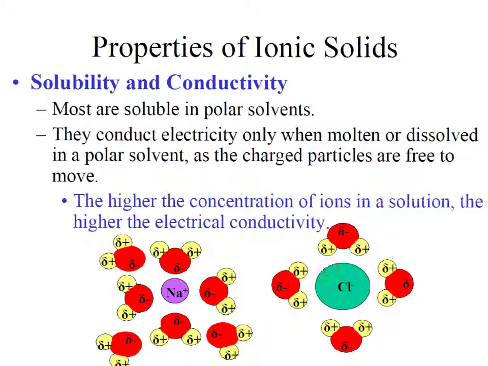Same thing with the anions. They're going to get surrounded by the positives from the hydrogens, separating them from the positives and negatives of the ionic solid. This process is called hydration, and it's just a matter of the water molecules surrounding the anions and the cations so that they can't get back together and form that solid.